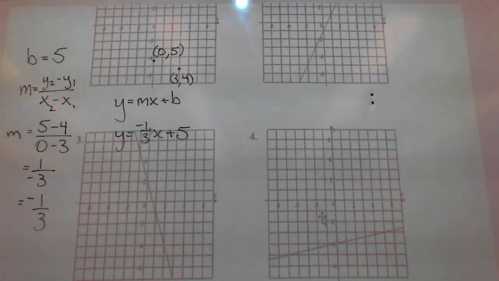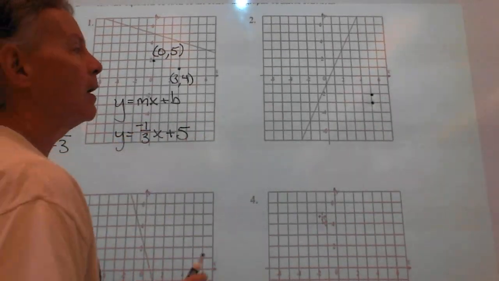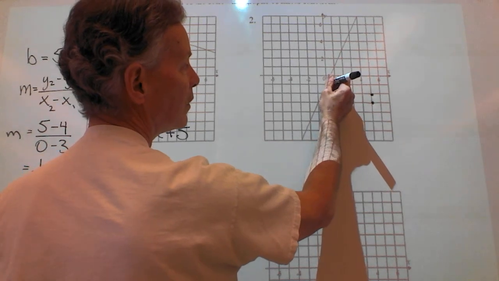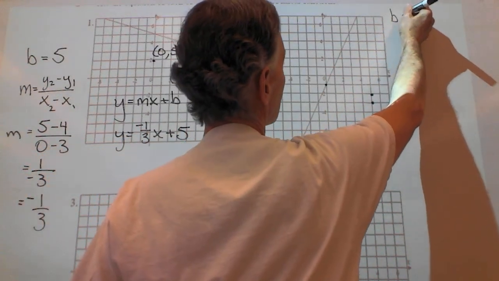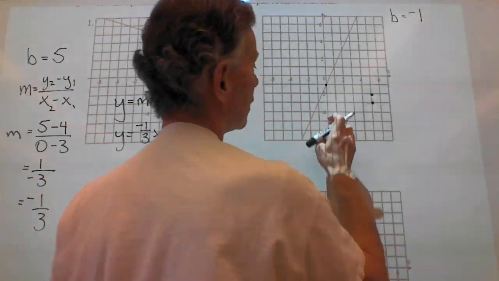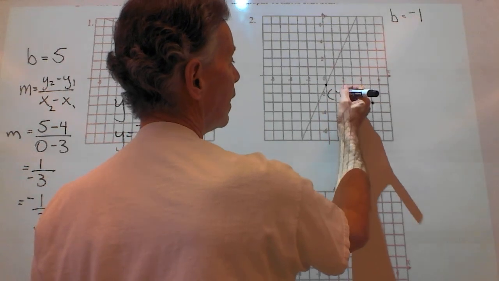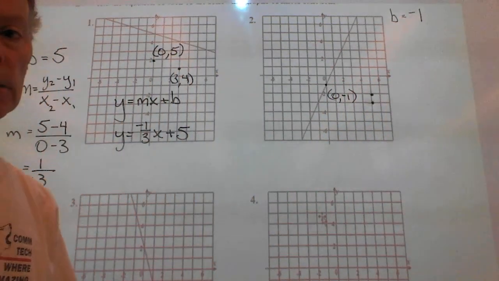Let's try one more. We'll do it a little bit more quickly. Yeah, we'll do this one. Okay? So again, this is where it crosses the y-axis. So that tells us our value for b is negative 1. It crosses the y-axis at 0 and negative 1.